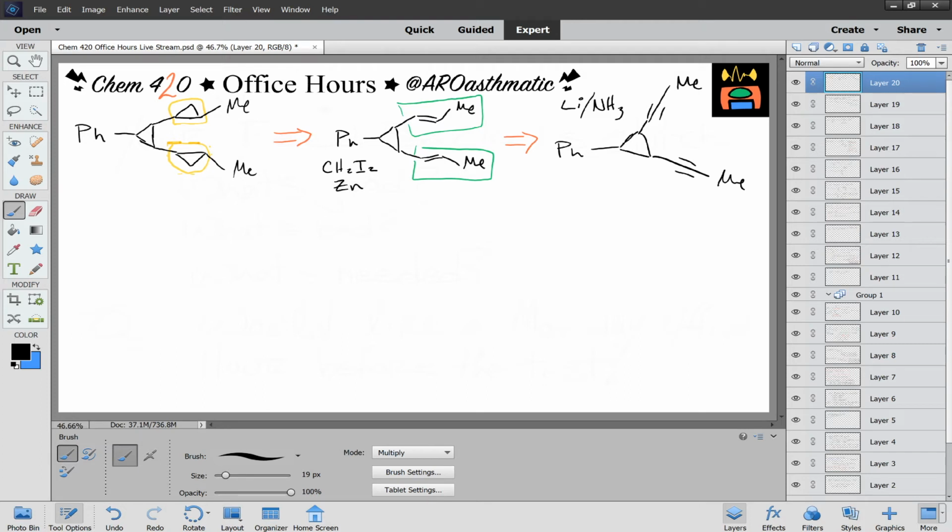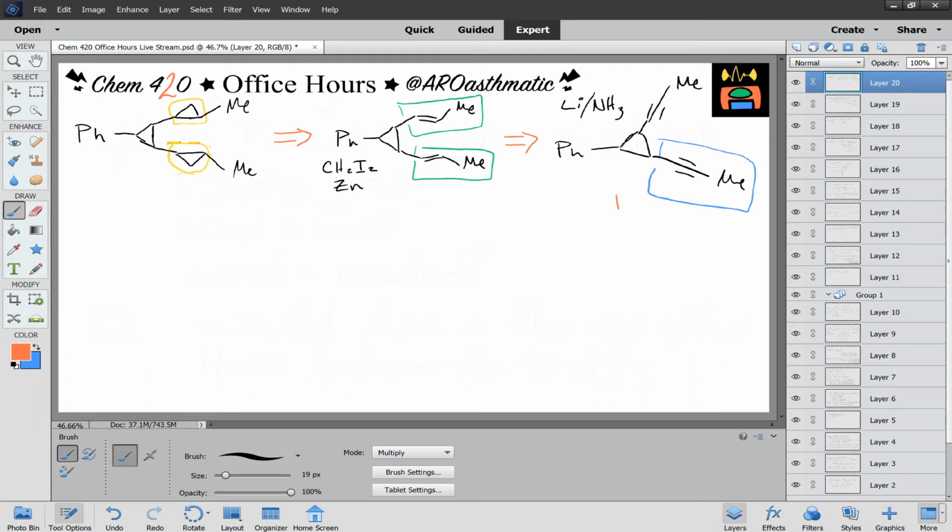All right, now here's the question. How do you attach an alkyne to something? How do you get that alkyne on there? Well, this is something we were actually doing in our previous synthesis.